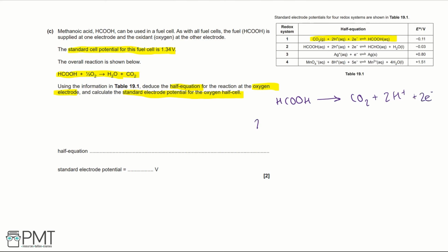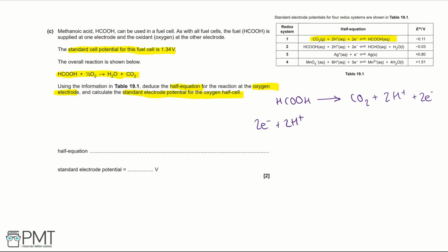We know we've got to have 2 electrons here because they cancel out, and 2 H+ because you can see that there aren't any electrons or H+ in this overall reaction, so they cancel out exactly. So we need the same amount on opposite sides of the equation.